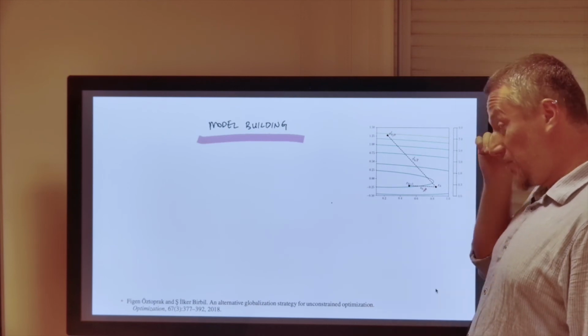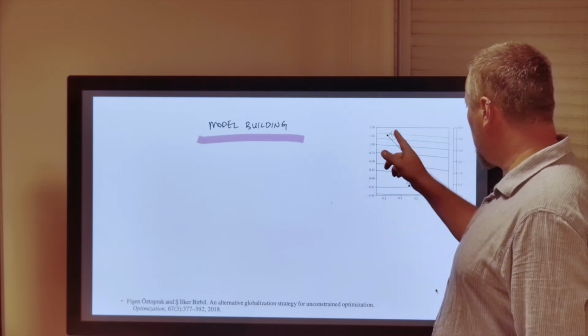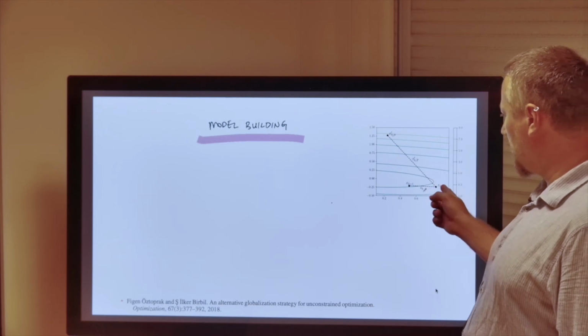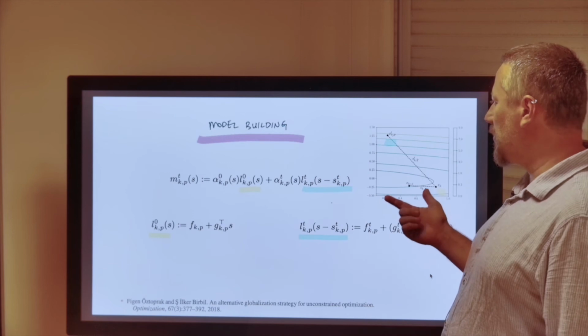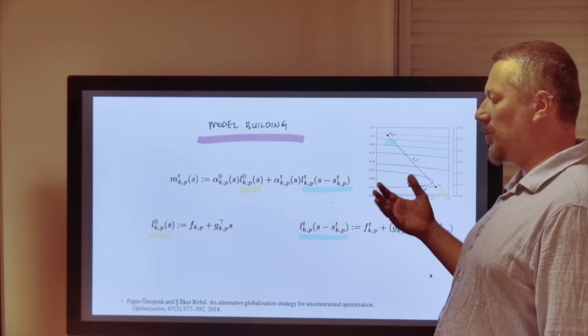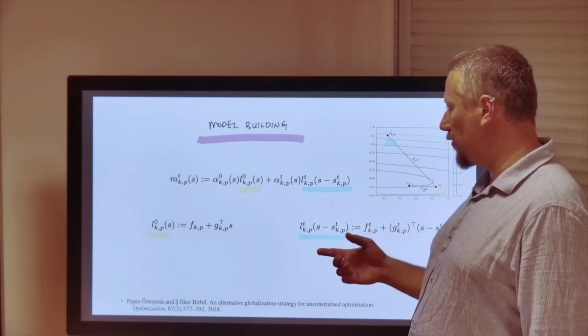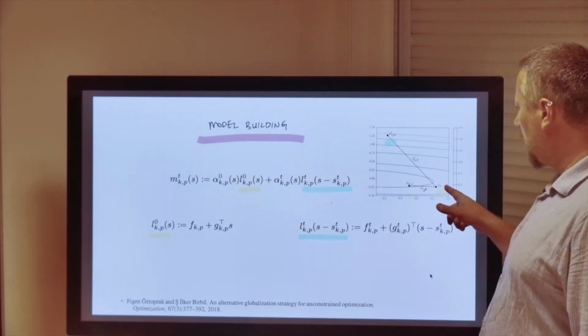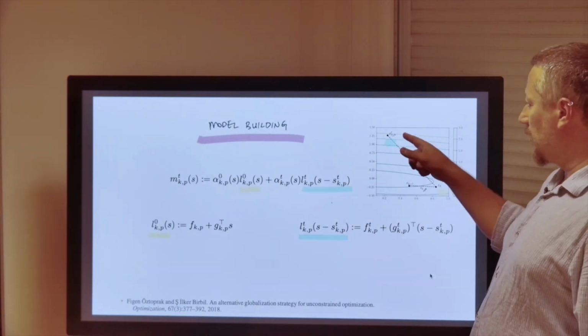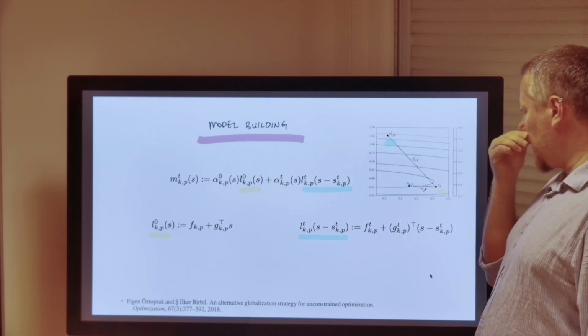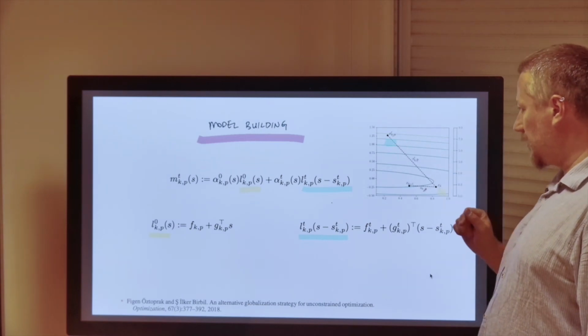Okay, but how do we build our models around these 2 points, the starting point and the trial point? Basically what we do is we build two linear models first: the linear model at xk and the linear model here at the trial point xkt.